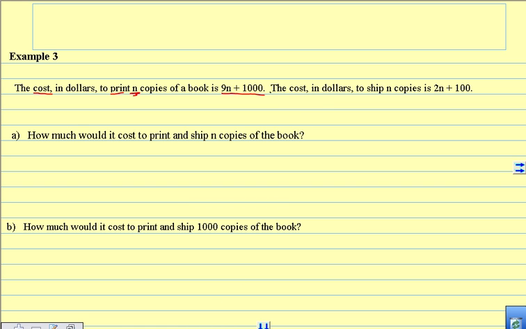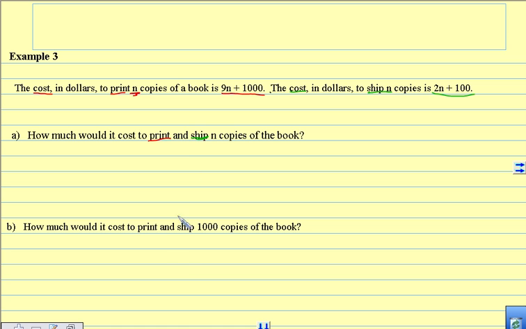Now, the cost in dollars to ship n copies is 2n plus 100. And question A says, how much would it cost to print and ship n copies of the book? So we want to know how much would it cost to print and ship?